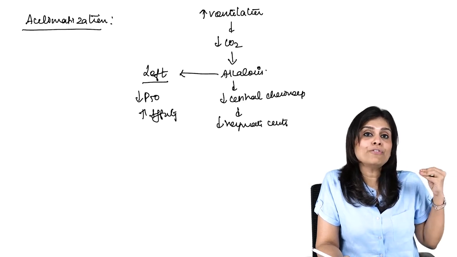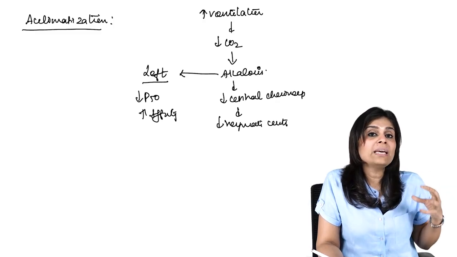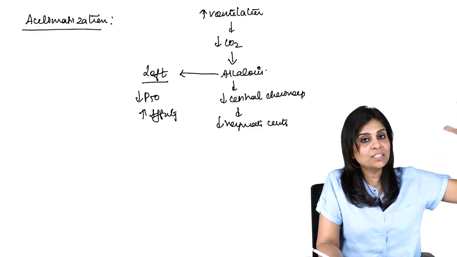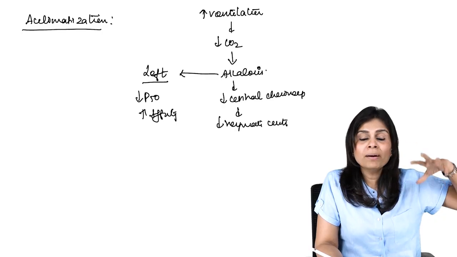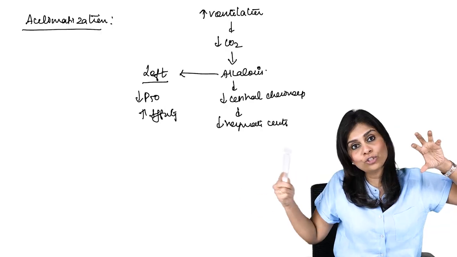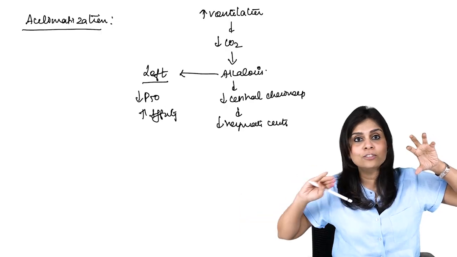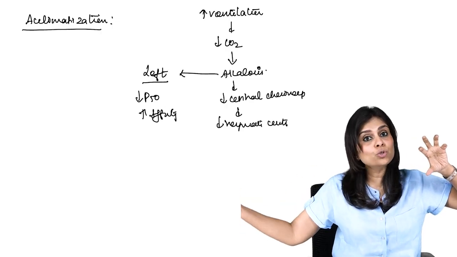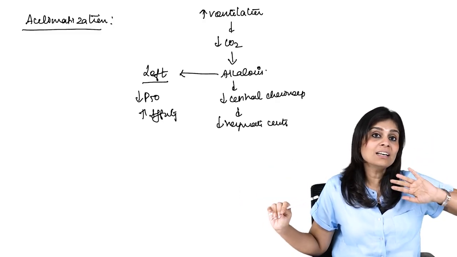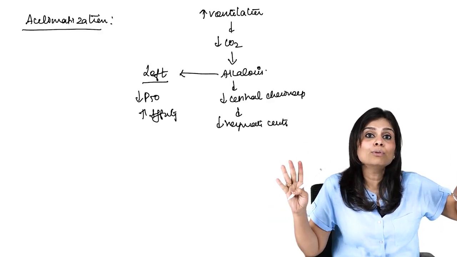When the affinity of hemoglobin for oxygen is increased, hemoglobin might be able to accept oxygen from the low partial pressure of oxygen in the atmosphere. But what will happen when the same hemoglobin tries to give oxygen to tissues? Because the affinity is high, it will not be able to give oxygen to tissues. So tissues will suffer from hypoxia. So we are not happy about the curve getting shifted to the left too much in hypoxic exposure.